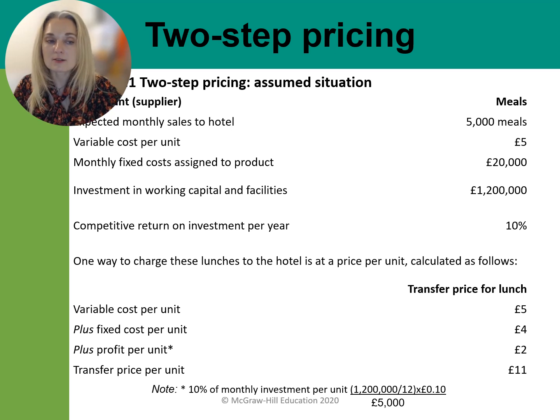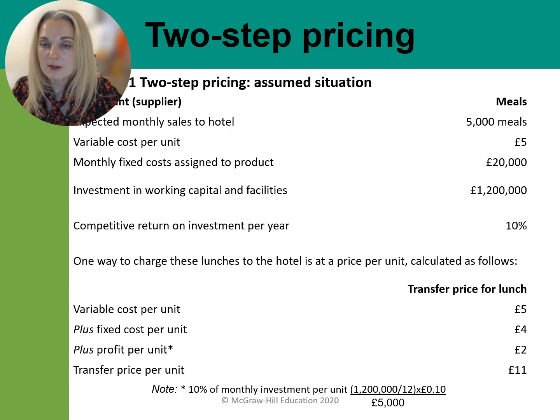The way they determine the transfer price is they take the variable cost per unit, and calculate a fixed cost per unit by dividing the £20,000 by the 5,000 meals. Then they figure out their profit. Their profit is a 10% return.